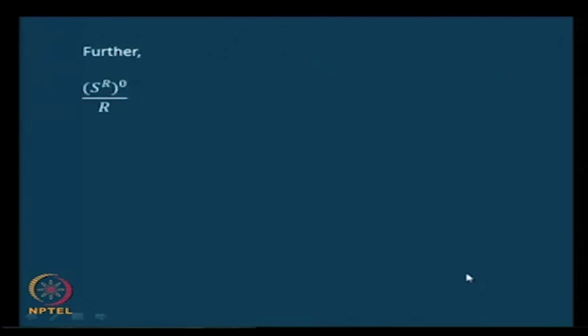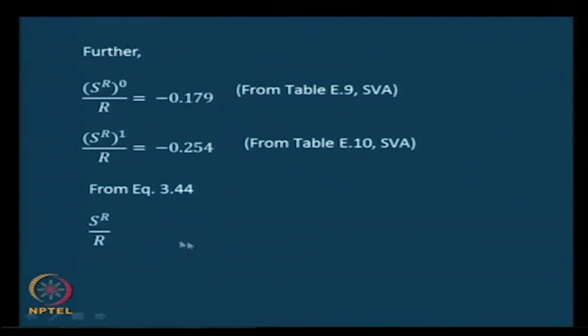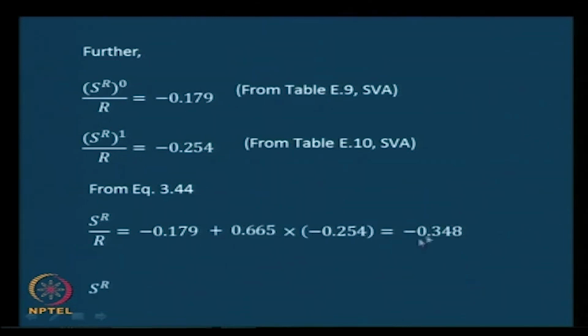We still need to worry about SR. That can be obtained again from the values given in the tables. SR 0 by R will turn out to be minus 0.179 from the value given in table E9 of your textbook, and SR 1 by R is minus 0.254 from table E10 of your textbook, and therefore from equation 3.44, SR by R is SR 0 by R plus omega times SR 1 by R, which will turn out to be minus 0.348.